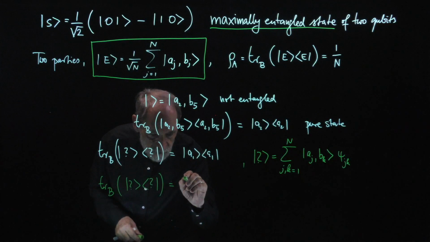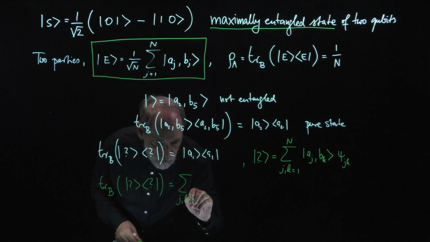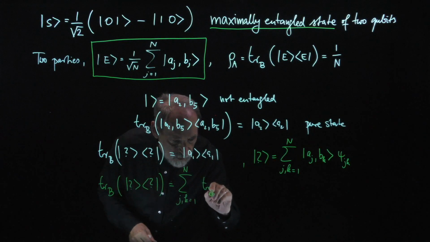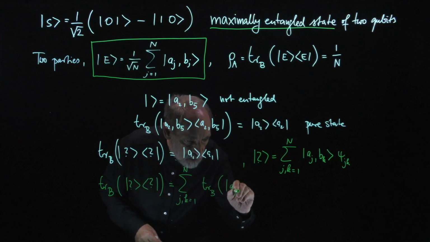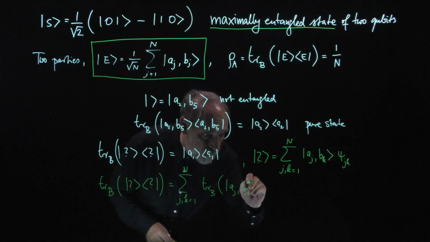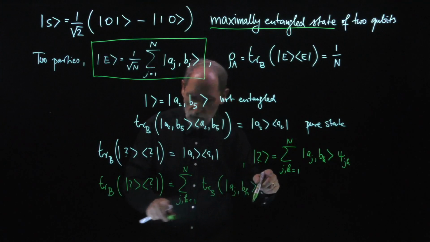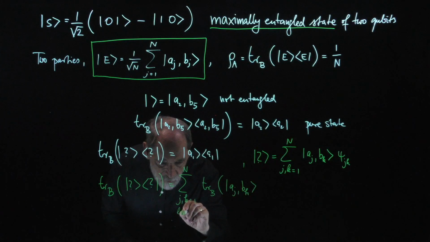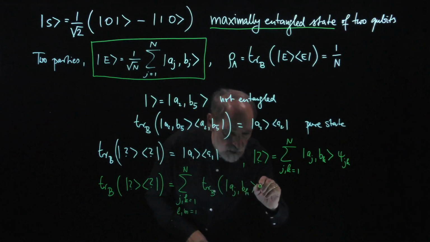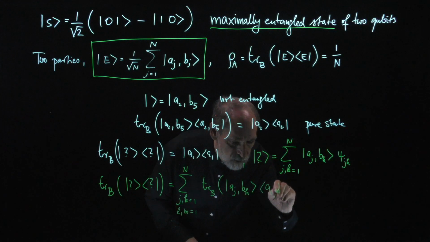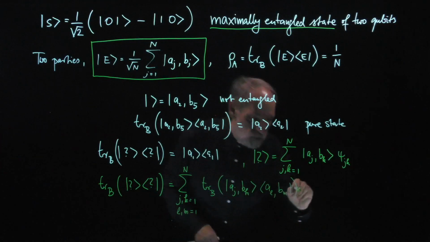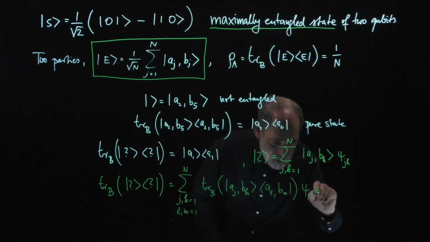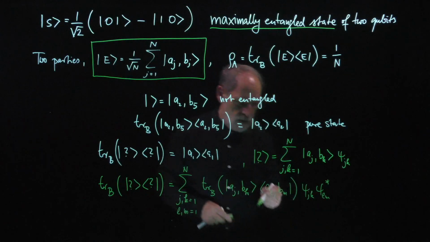And so we will get the sum over j and k from 1 to n, and then we have the trace over B of Aj and Bk, and that's from the ket part, but from the bra part we will have also a sum over, say, L and M, also going from 1 to n, and there will be AL and BM, and then we have the psi jk that comes from the ket part, and then we have the psi LM complex conjugate that comes from the bra part.